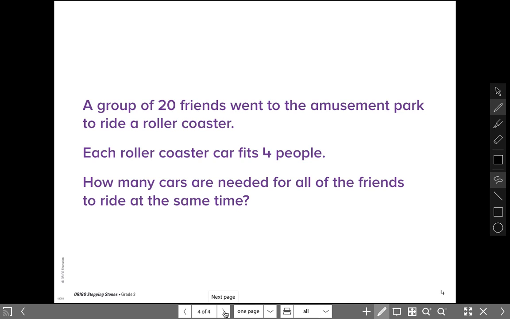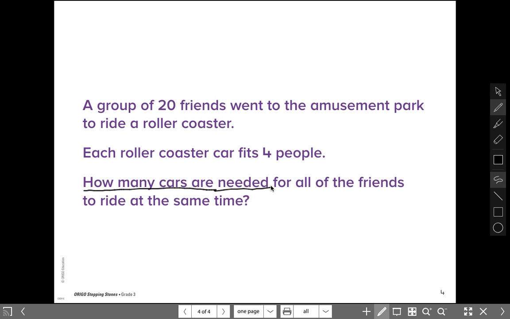So, what's it asking? Adam, what's the question asking? What is the question asking, Adam? What are we trying to figure out? Okay. How many cars are needed? That's what it's asking. Okay.